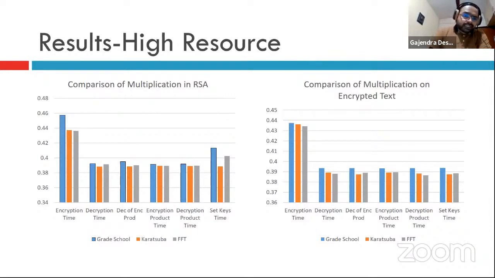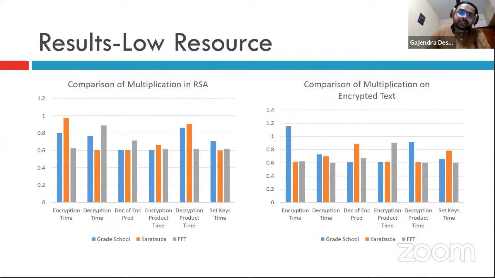You can see the grade school method in both cases is taking more time, whereas Karatsuba and FFT are taking almost equal time. But when you compare the results, Karatsuba is giving you more stable results.